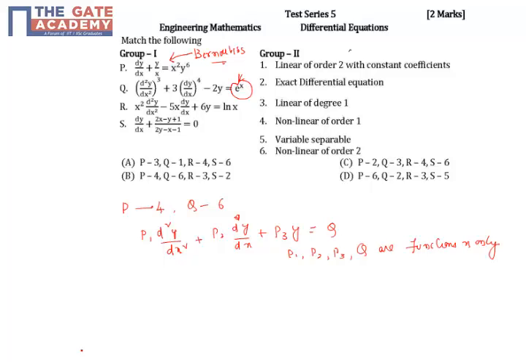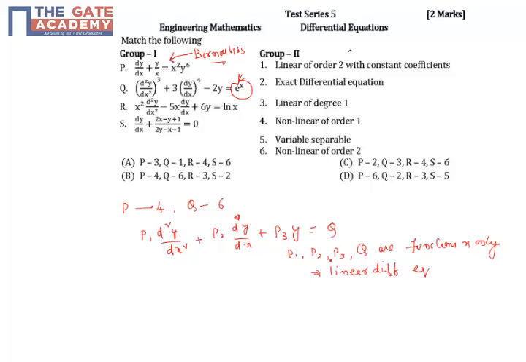If P1, P2, P3 and Q are functions of x only, then I can say that it is a linear differential equation. Now you can compare equation R with this equation. See, x² is a function of x, minus 5x is also a function of x, and 6 is a function of x, that means it is a constant, and ln x is also a function of x. So what we can say from this statement? We can say that equation R is a linear differential equation, right?